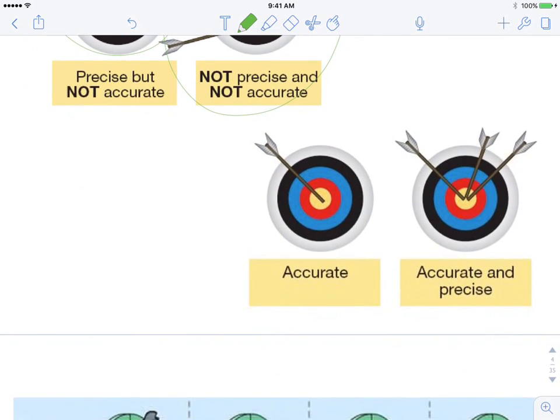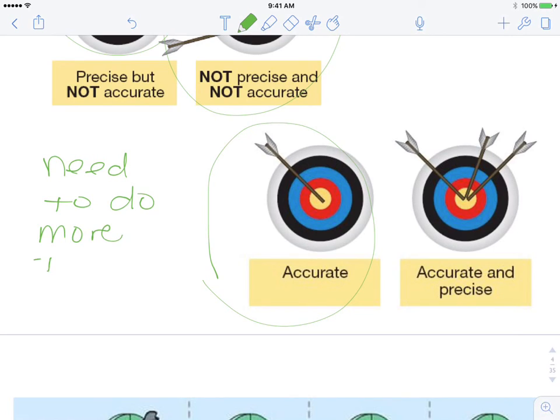These last two are important to look at. I could do one trial and be accurate, but that's a problem with chemistry and with science in general. You really need to do more than one trial.